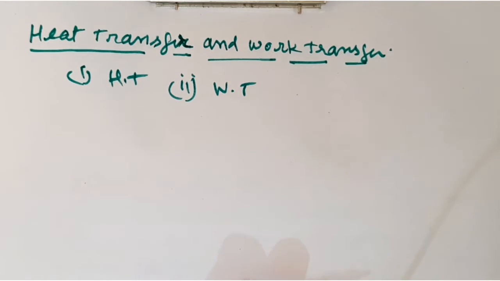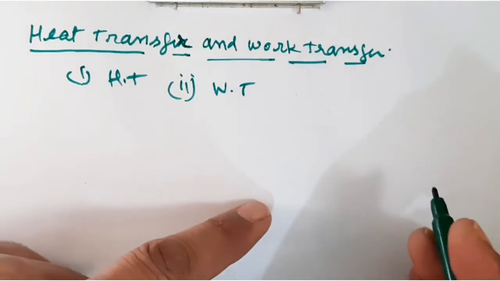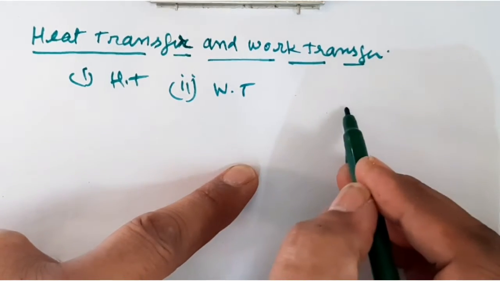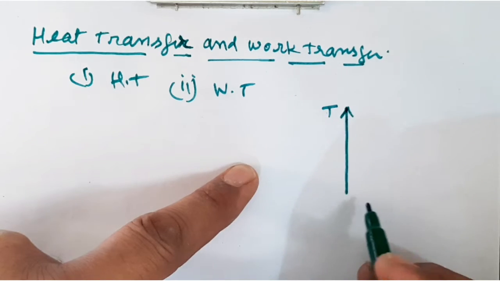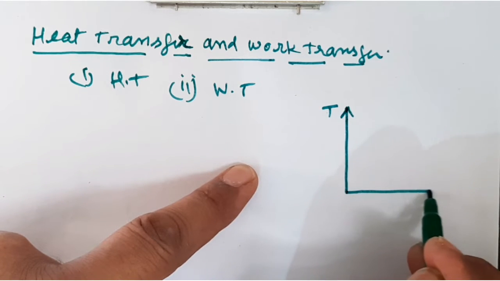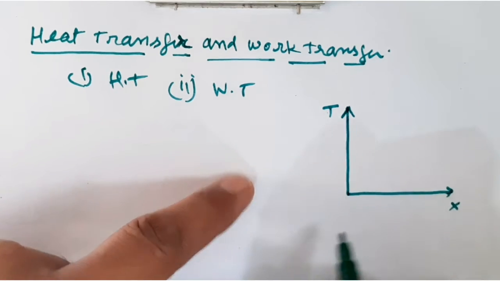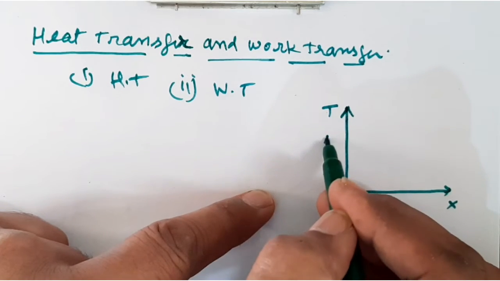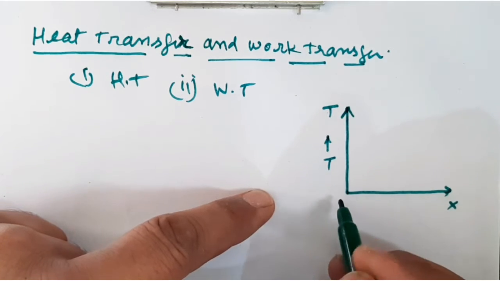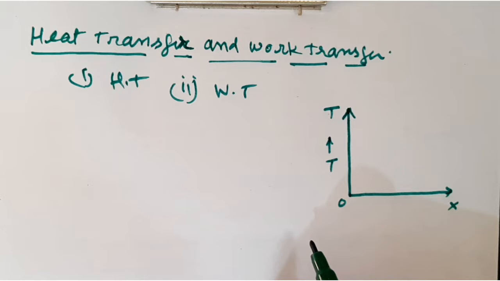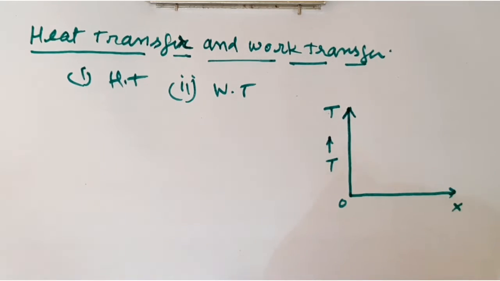So here we can see in this graph, the vertical line is indicating temperature T, and this is our x-axis. Temperature is increasing in the upward direction.